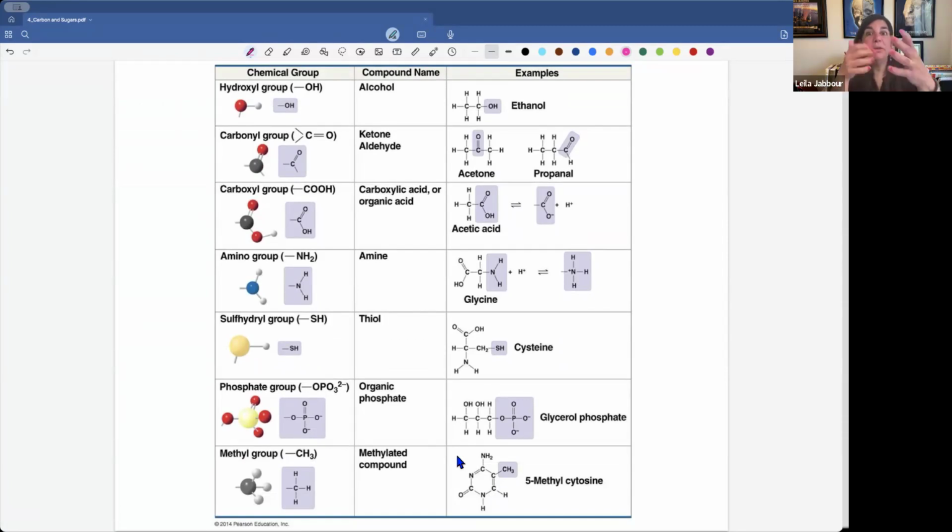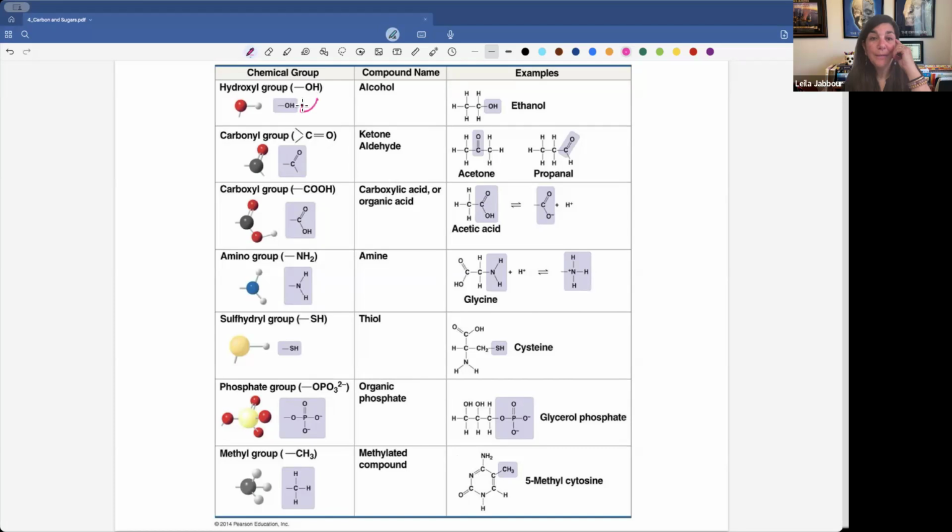When we talk about amino acids in the chapter on proteins, we're going to talk about all the functional groups in the amino acids, and these functional groups give these amino acids different properties from each other, and this helps make every protein unique and different from the other. So learn these functional groups.